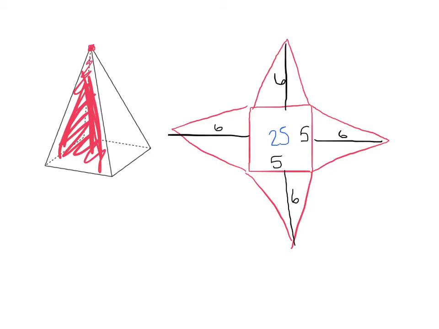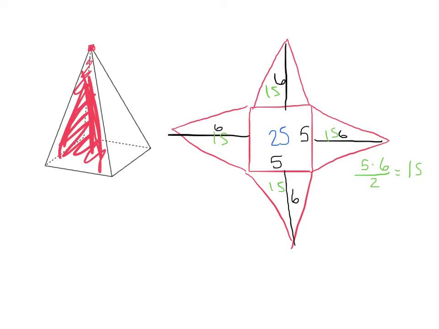And for each of these triangles along the side, I would have 5 times 6, but then I would have to divide by 2. So it would be 30 divided by 2, which would be 15 units. So this would be 15, this here would be 15, this would be 15, this would be 15 as well, just because of the square base, they all have the same dimensions.